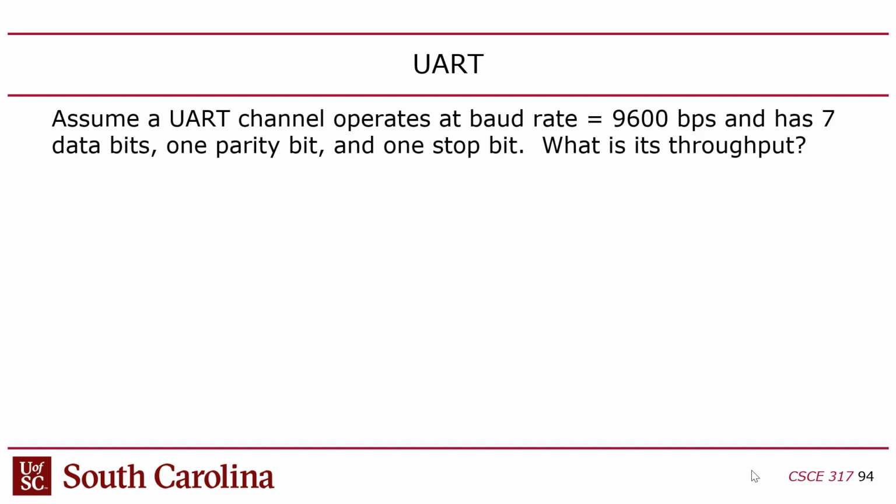Now, by the way, you don't have to continuously send data on a UART channel. In fact, if you're using it as a console, you probably won't do that very often. You're probably just sending 1 keystroke at a time. But if you wanted to saturate the channel and push as much data through it, then you would only be sending 7 bits for every 10, so you'd only be getting 70% of the 9600 baud.